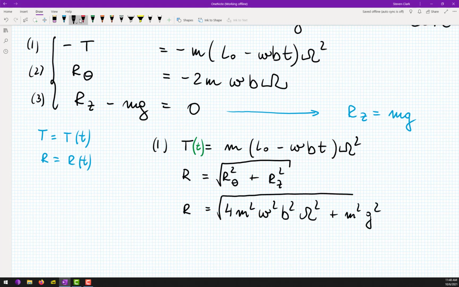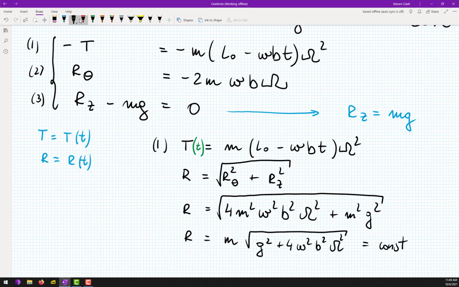I think we can even put m in front of that square root. So R will be m times the square root of g squared plus 4 omega squared b squared capital omega squared. These are constants. That's it. Answered part A, answered part B. This is answer A, and this is answer B.